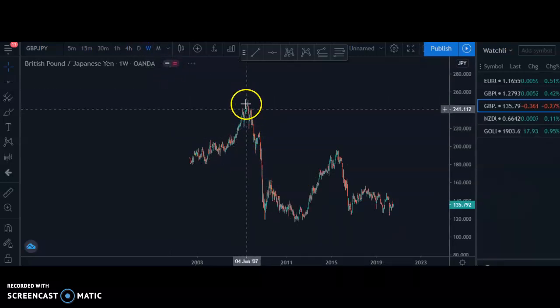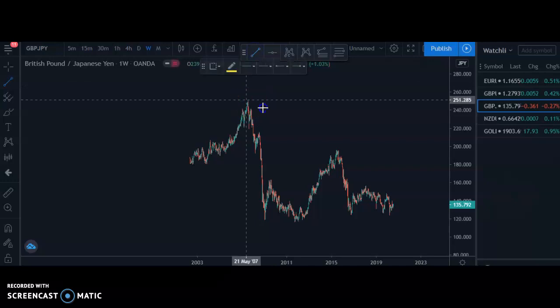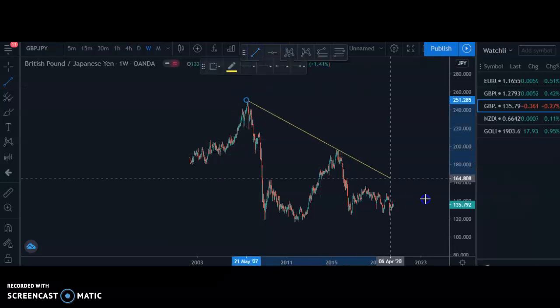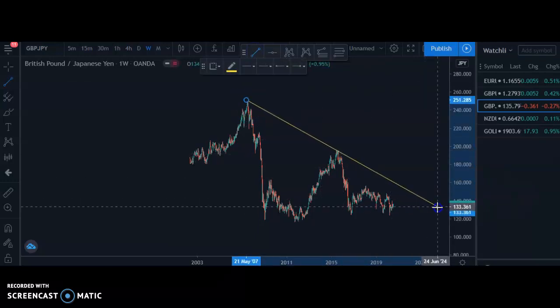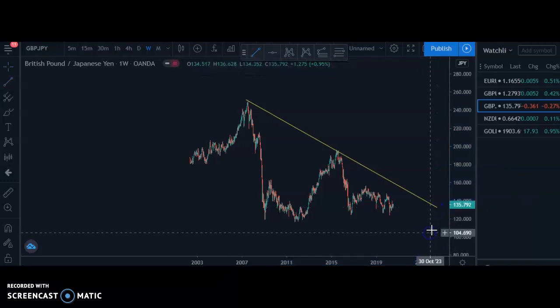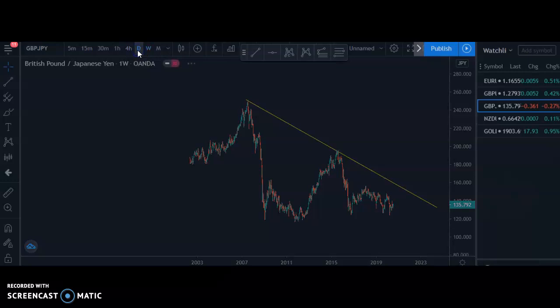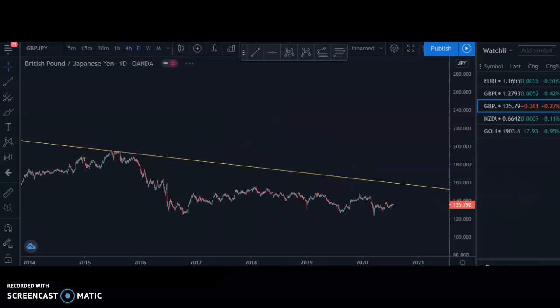But let us use the data we have at the moment. What we see here is that this market is on a downtrend. This is on the weekly. But let us go to the daily. It should give us proper information of what we should do in this market.